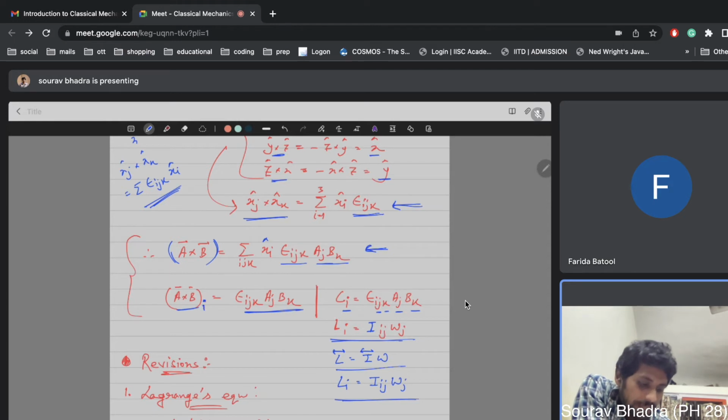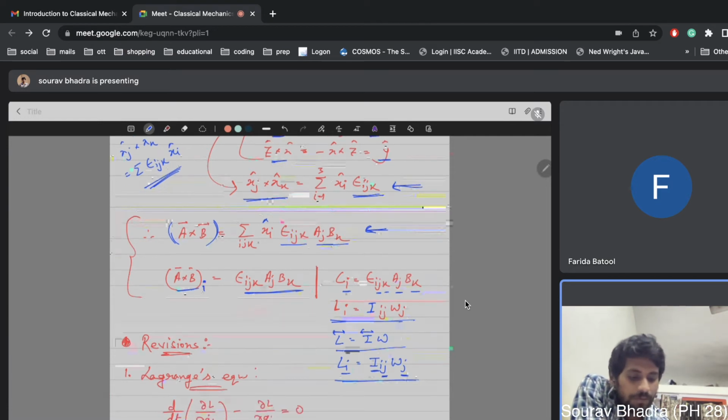Here again you can see that on the right hand side j is a repeated index, that's why it has been summed over j, and only the i is left over, and that i is matching with the i on the left hand side also. So this is how a tensor transforms.